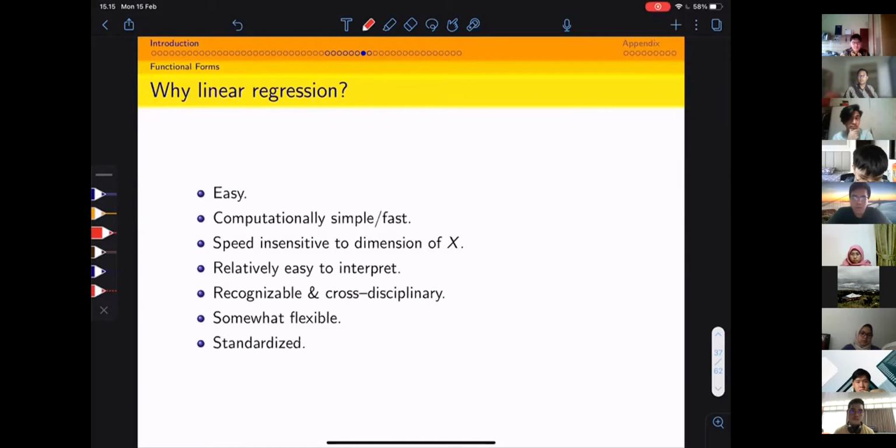Nowadays, it's computationally simple and fast. Back in, say, 1987 or 1990, a lot of people still used a calculator to do OLS regression, so it would take you a long, long time, depending on the number of variables and also the number of observations.